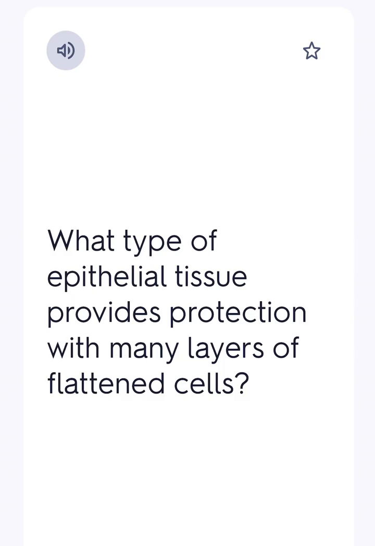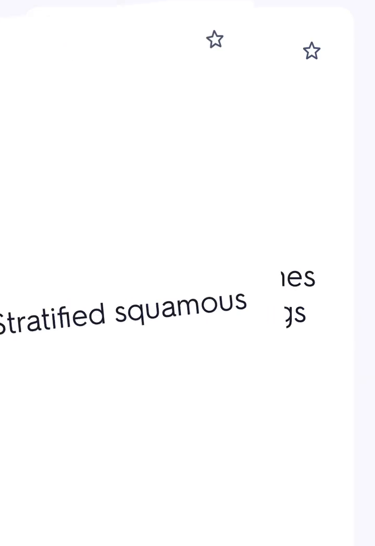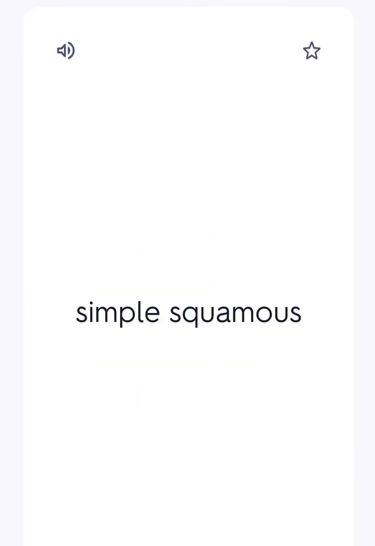What type of epithelial tissue provides protection with many layers of flattened cells? Stratified squamous. What type of epithelial tissue lines the air sacs of lungs and the blood vessels? Simple squamous.